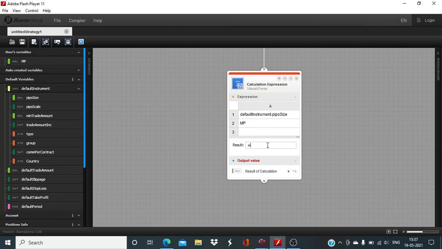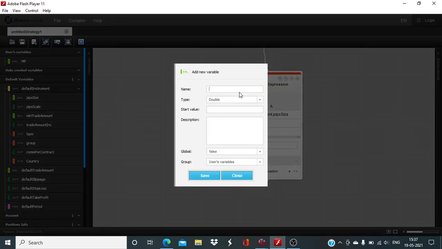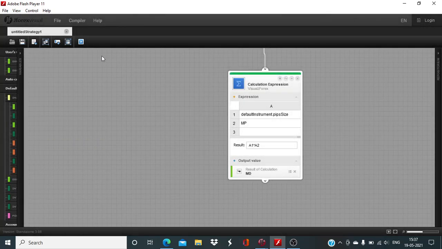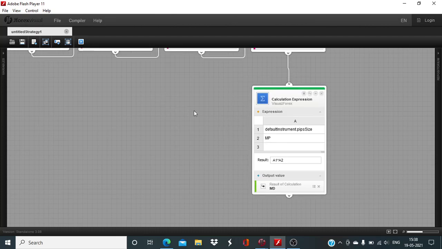This one will be A1 into A2, minimum difference. This difference will be compared while executing the buy as well as sell trade.